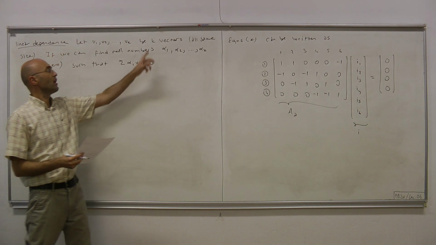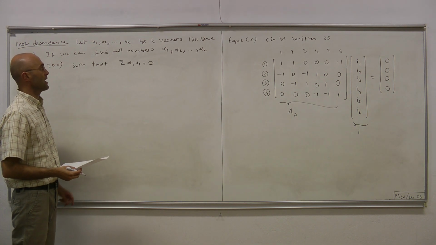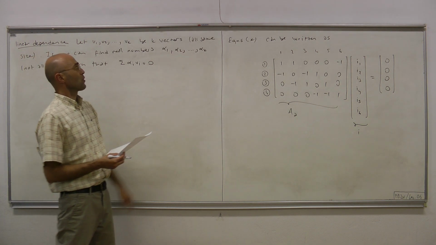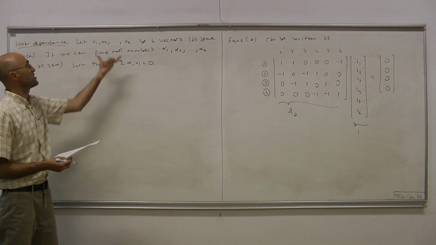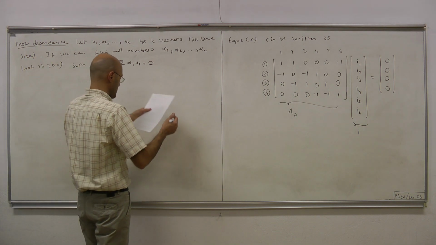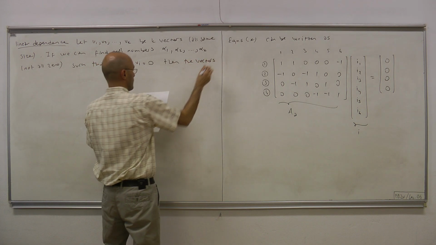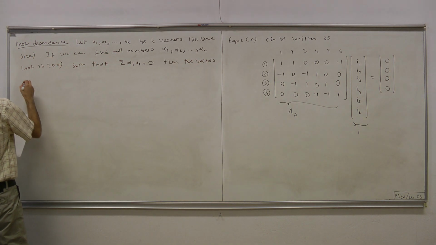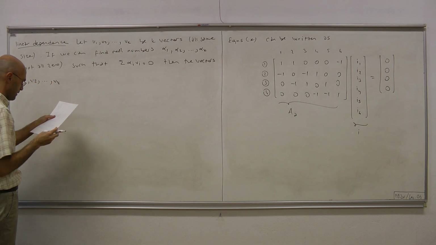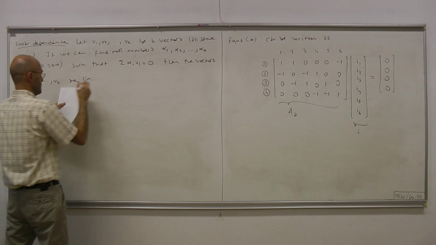That is, alpha 1 V1 plus alpha 2 V2 plus and so on, up to alpha k Vk. If that sum gives us 0, and at least one of those coefficients is different than 0, then the vectors V1, V2, up to Vk are linearly dependent.